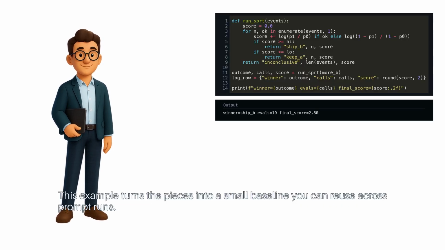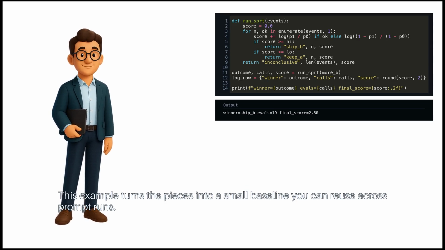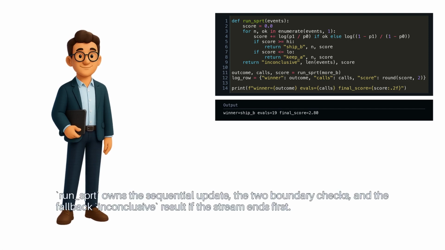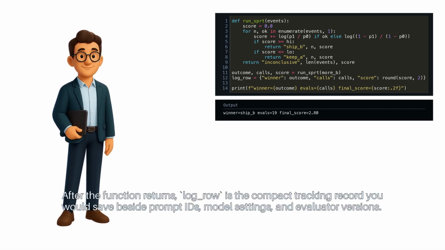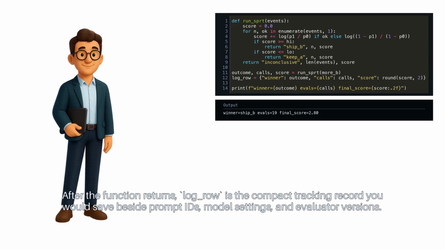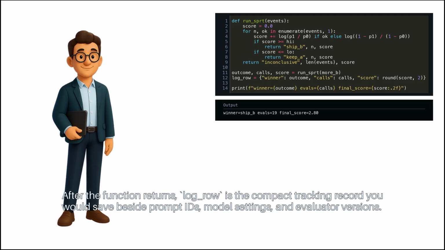This example turns the pieces into a small baseline you can reuse across prompt runs. Run SPRT owns the sequential update, the two boundary checks, and the fallback inconclusive result if the stream ends first. After the function returns, logrow is the compact tracking record you would save beside prompt IDs, model settings, and evaluator versions.